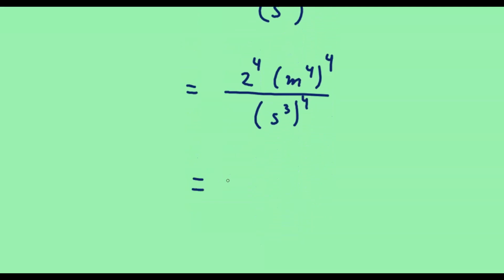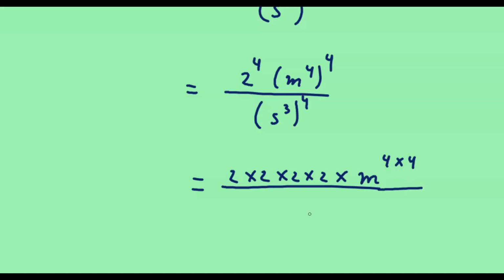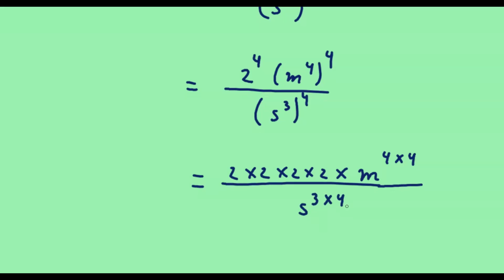Now, 2 to the power of 4, that is just 2 multiplied by itself 4 times. Then we have m to the power of 4 whole to the power of 4. We can use the power of a power law, and using that, this will be m to the power of 4 times 4. Similarly, in the denominator, we can use the power of a power law, and we will end up with s to the power of 3 times 4.